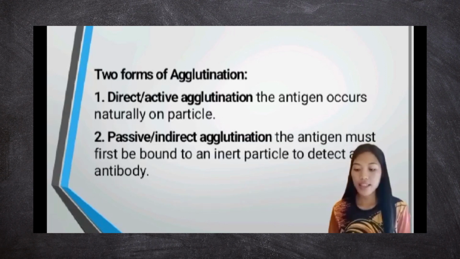However, it is possible to coat cells or other insoluble particles with a soluble antigen, for example a viral antigen, a polysaccharide, or a hapten, and use the coated cells in an agglutination test for antibody to the soluble antigen.